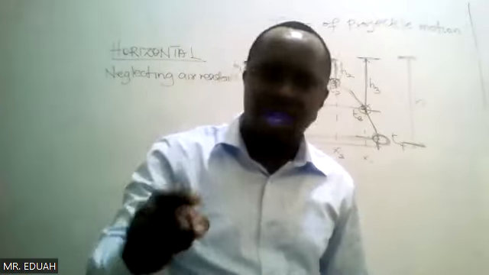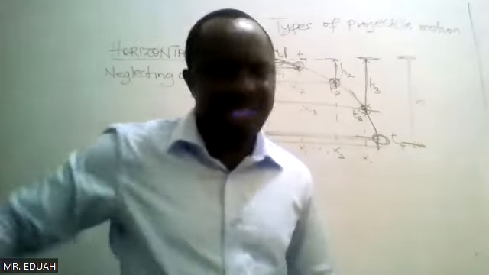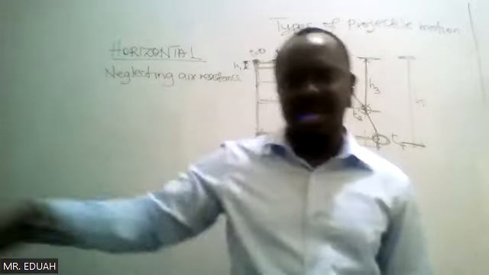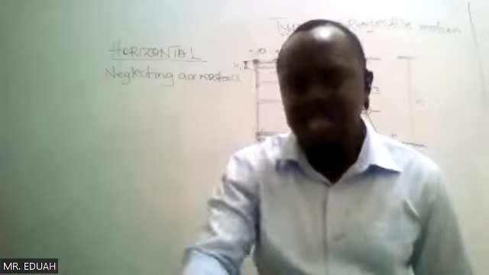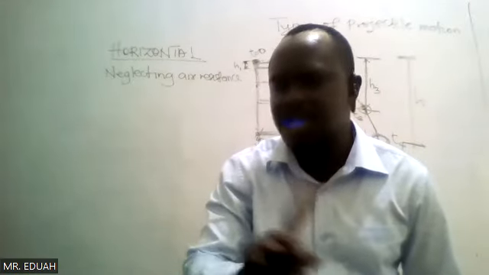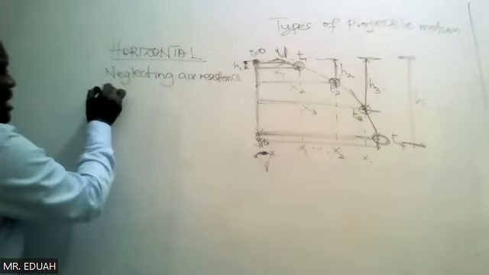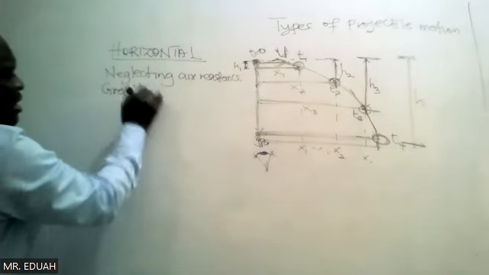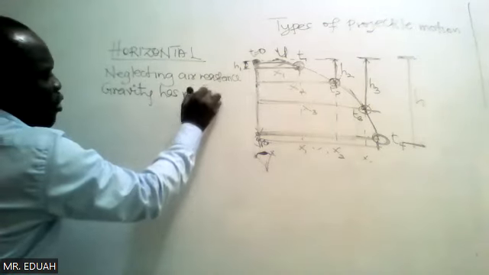It is only friction that would affect my speed or velocity as I go horizontally. So when a body is moving horizontally, gravity does not affect the body's speed. So we have neglected air resistance, and the force of gravity has no effect horizontally.